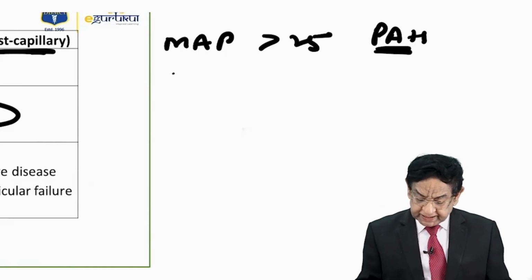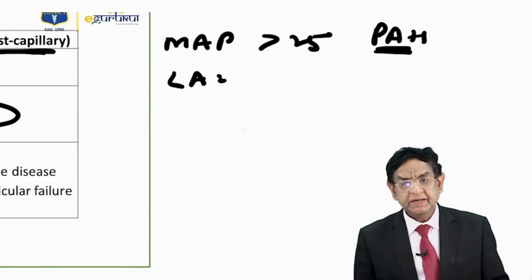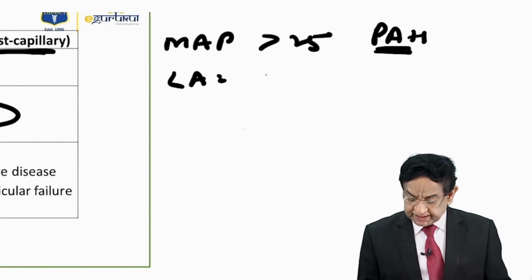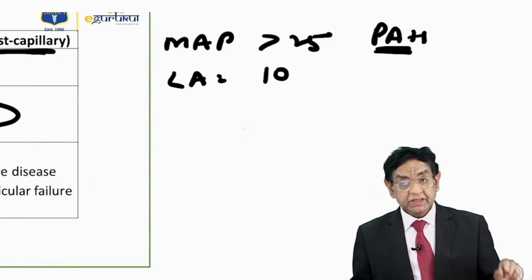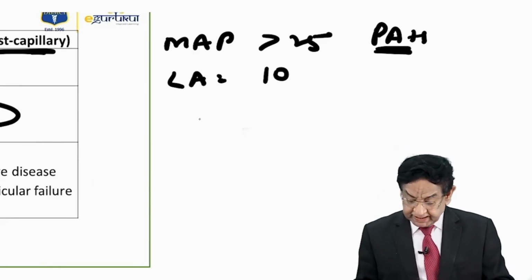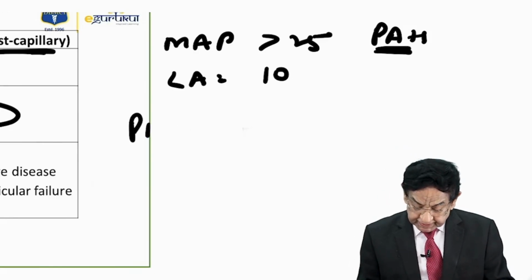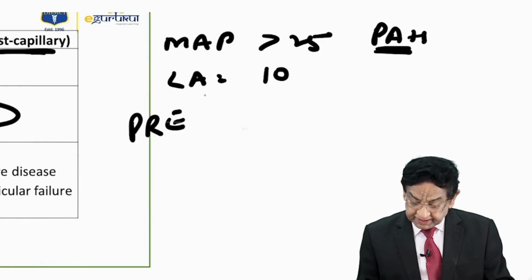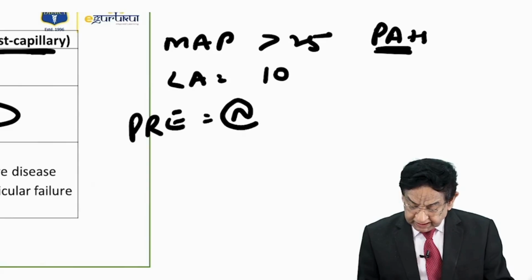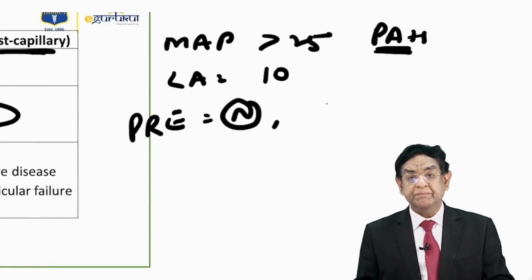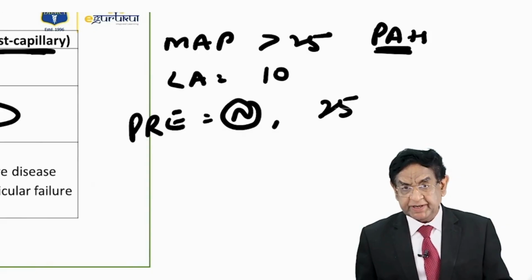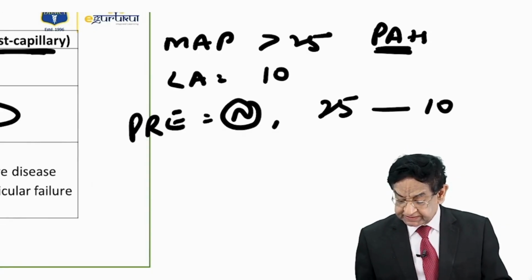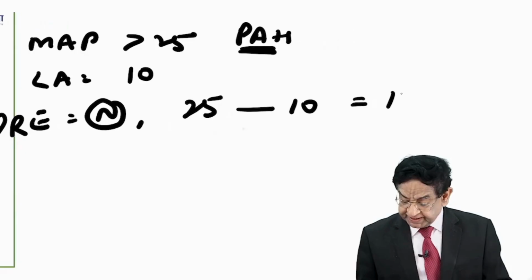We also know that normal LA pressure is about 4 to 12, so I'll take it as 10 millimeter of mercury. Agreed. So they are basic. And in pre-capillary, LA pressure is normal. So mean arterial pressure in the pulmonary artery is 25, LA is 10, difference is 15 millimeter of mercury.